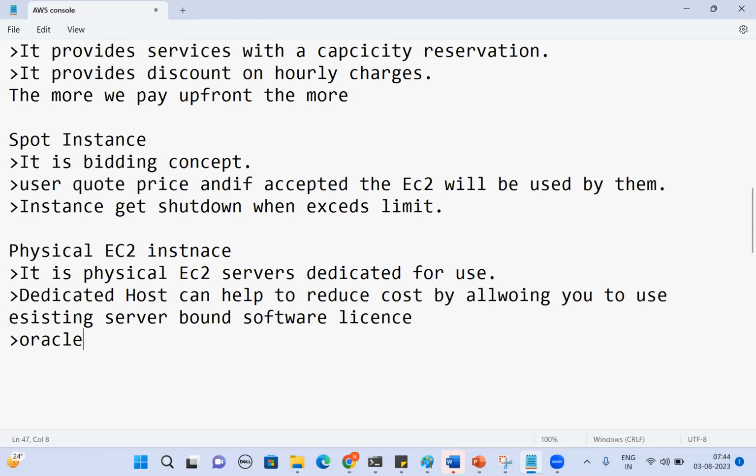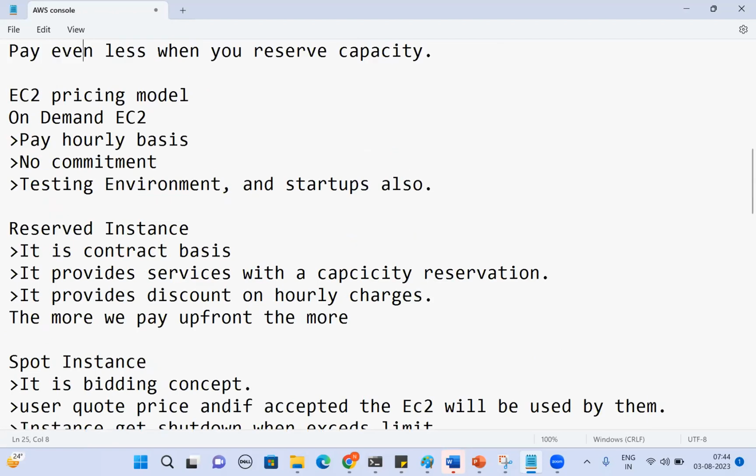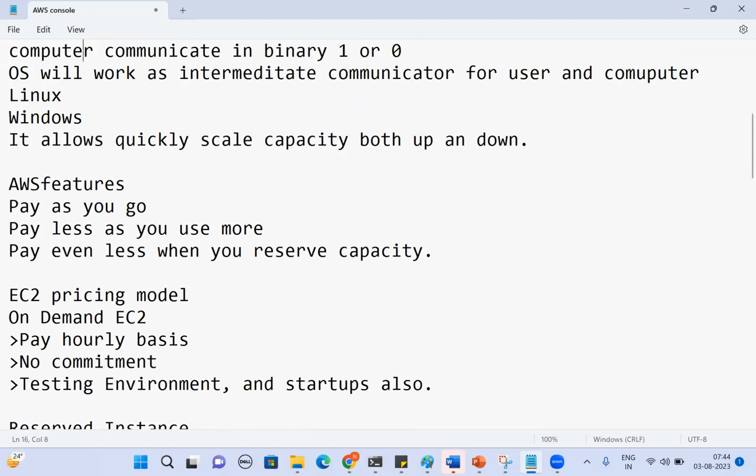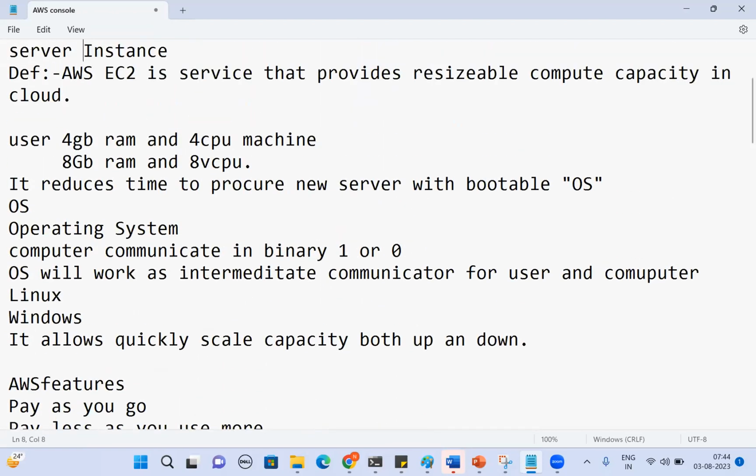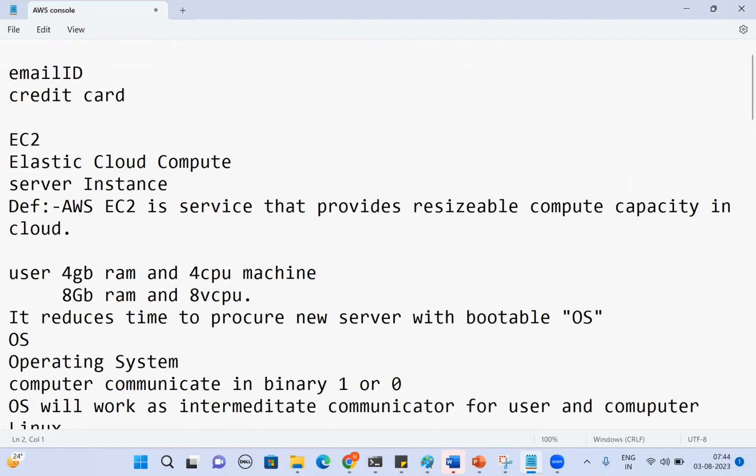Okay, so these are the types of EC2 instances I thought to discuss with you. Friends, please let me know if you have any doubts so that I can check from my side.